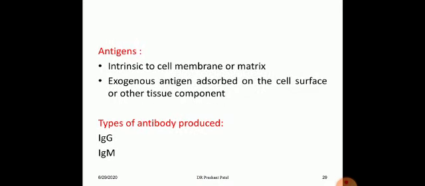Antigens in type 2 hypersensitivity reaction are either intrinsic, bound to the cell membrane, or present in the matrix. Exogenous antigens may be absorbed on the cell surface or on other tissue components. The types of antibody produced in this reaction are mainly IgG and IgM. So in type 1 there is IgE, but here you can see only IgG and IgM are produced.